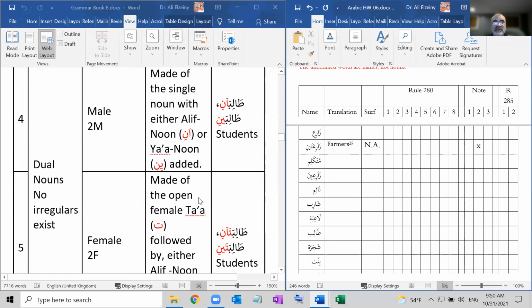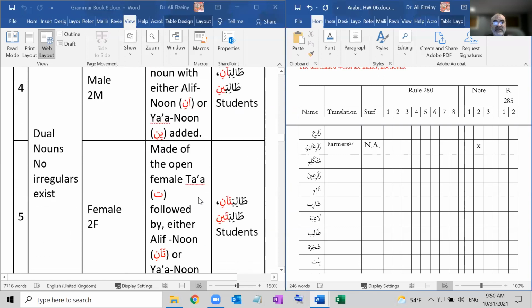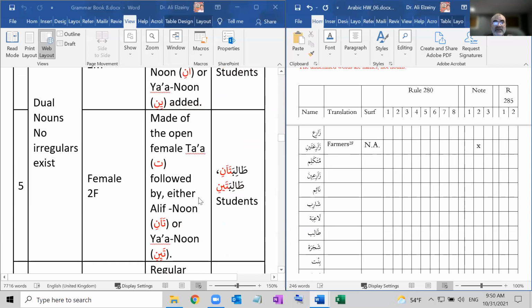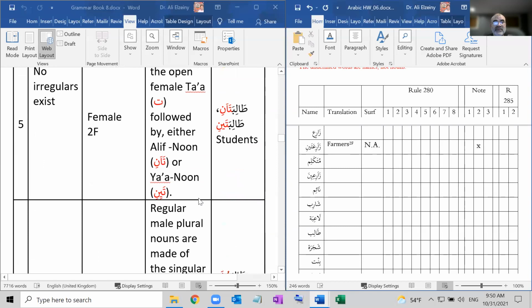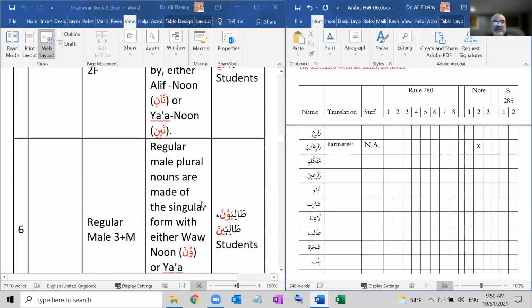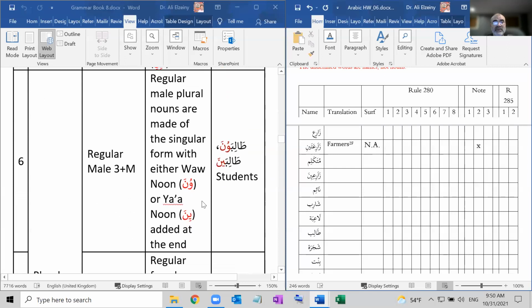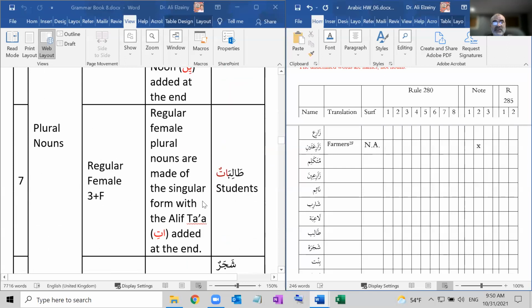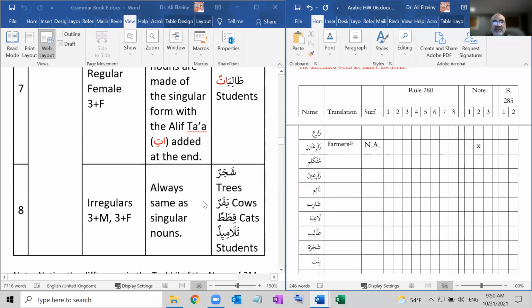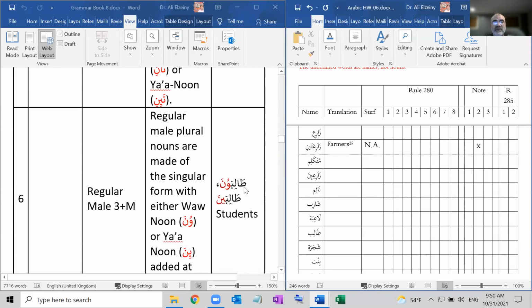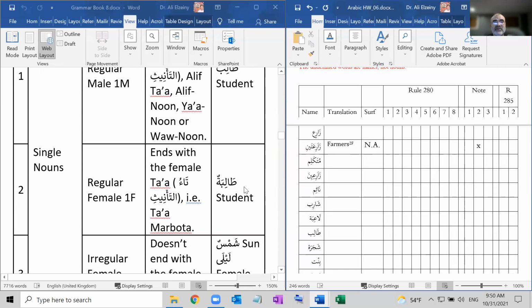No. Does it have an open ta? No. Does it end with waw noon? No. Does it end with alif ta? No. So the only two possibilities are that it's irregular plural or singular.